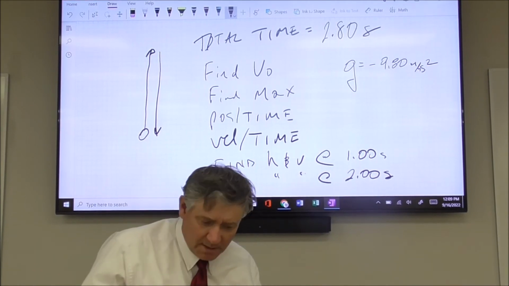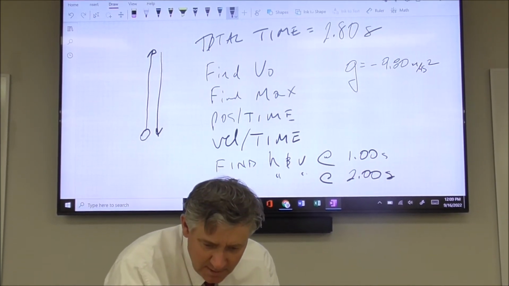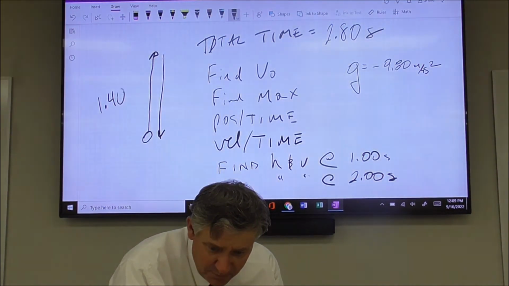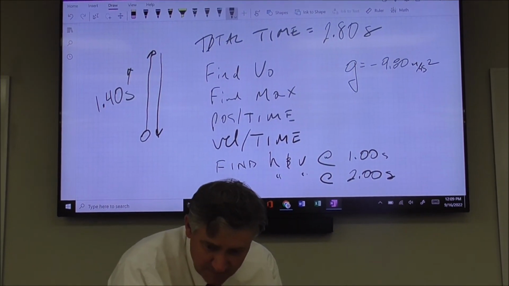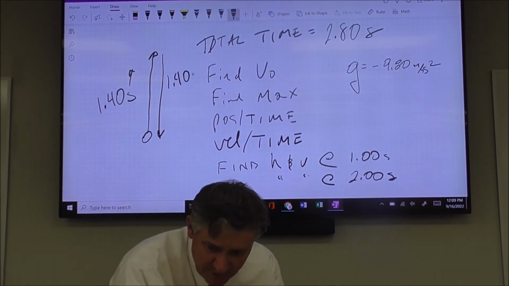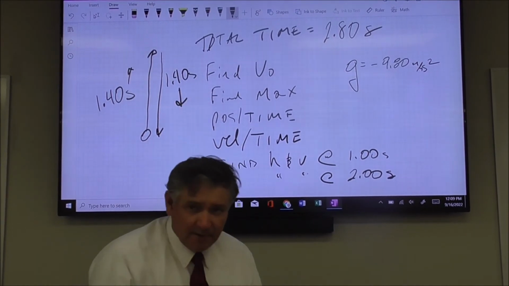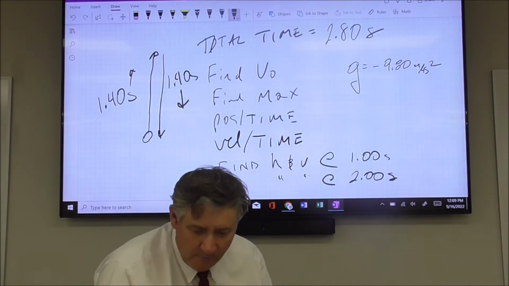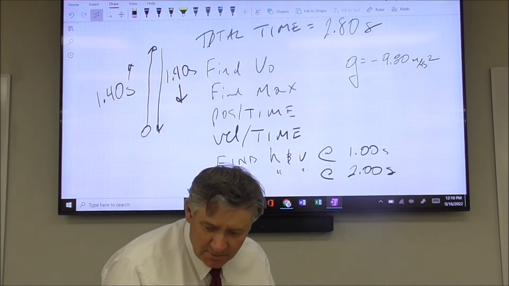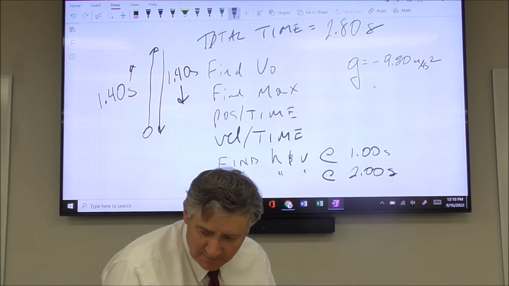So that's kind of clever. We have 1.4 seconds going up, and 1.4 seconds coming down.